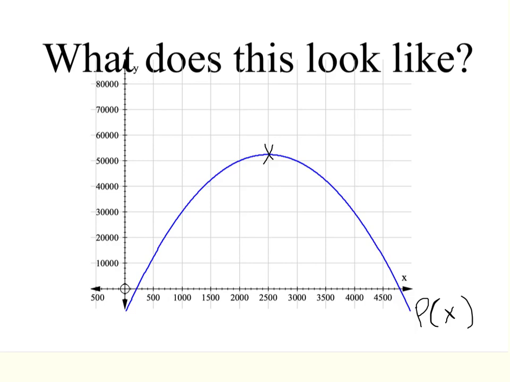But the other thing that I always think is important for you to visualize is that tangent line right there has a slope that's 0. And as we start to talk about why we need to set the derivative equal to 0, it really is coming from that idea that the slope of our tangent line at a maximum is 0.